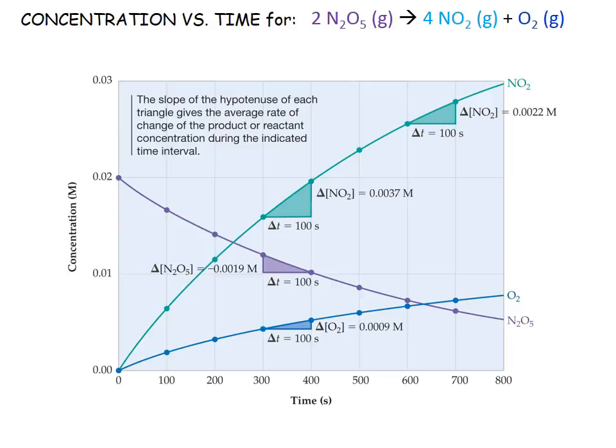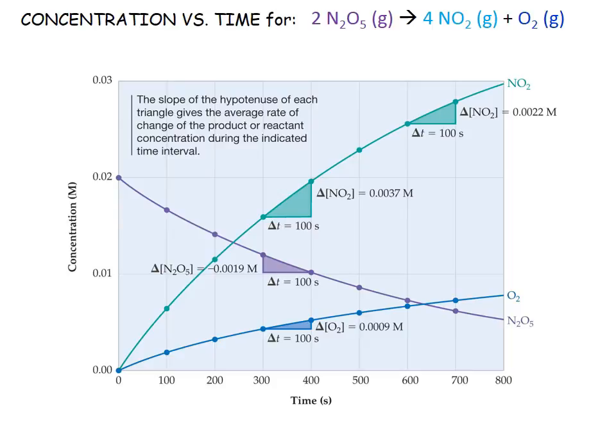So this is concentration versus time data, just like we did for formation of ammonia, but it's just a different reaction. And you can see the purple is our reactant. It decreases from 0.02 molar over time. And then we also have both of our products. One is kind of an aqua green and the other one is blue, and those both increase in concentration over time.